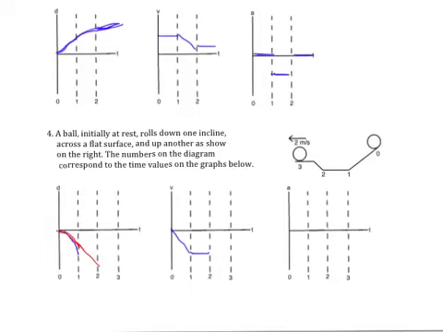And then, let's see what happens next. Then it's going to go up an incline, and as it goes up this incline, it's going to have to slow down. So its velocity is going to become less in the negative direction. It's slowing down in the negative direction, which means it's slowing down but still traveling in the negative direction. It hasn't turned and started going up yet.